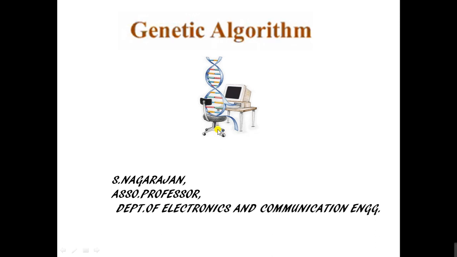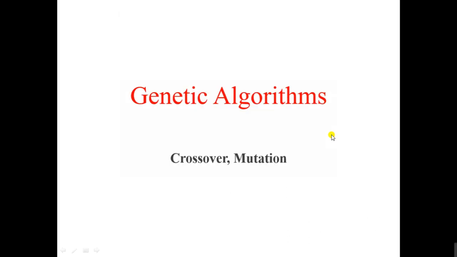In the last video of genetic algorithm, we discussed how to select a chromosome based on different methods. In this session, we are continuing with the operations of crossover and mutation.